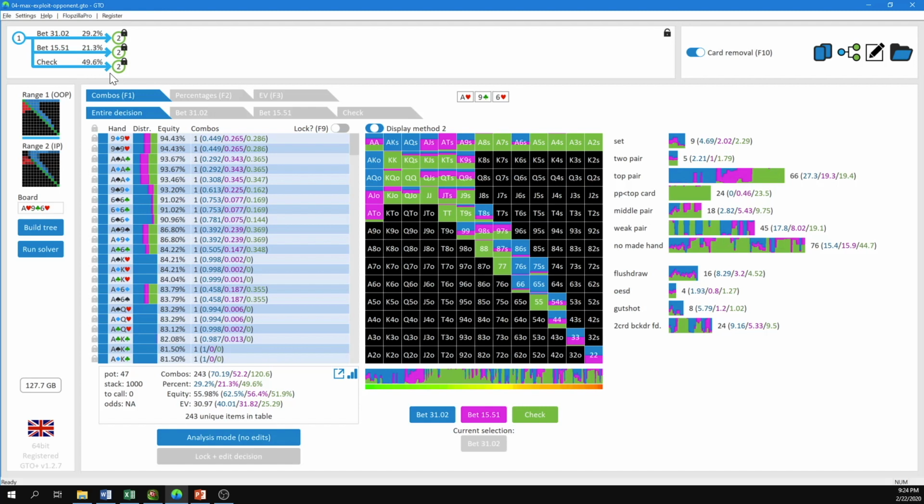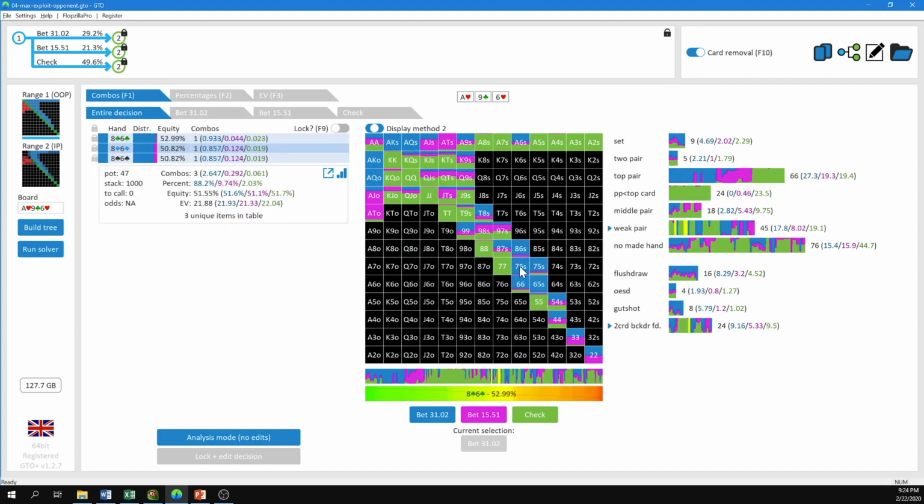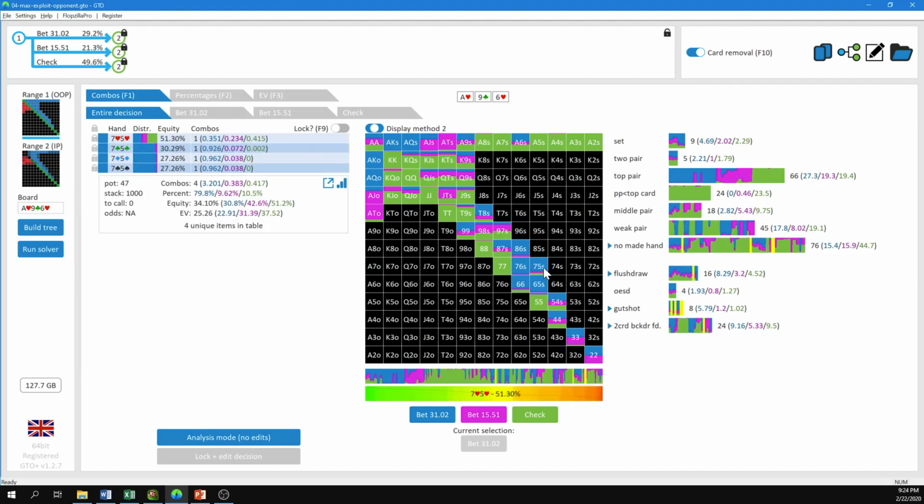This is a really good way for us to understand ways in which we can improve our own strategy. Again, we can look to see where we're potentially leaving money on the table against this particular opponent, and we could also begin to identify hand classes that we should be playing differently. One of the things I notice here is that the solver is really choosing to bet a lot of these 6x hands, or hands that wrap around the 6, like 7-5, 5-4, etc., for a large sizing here.